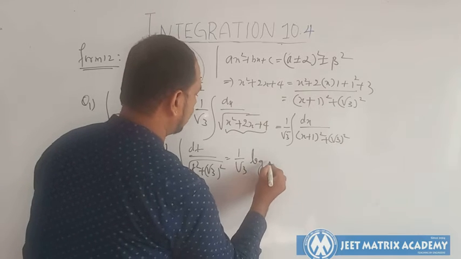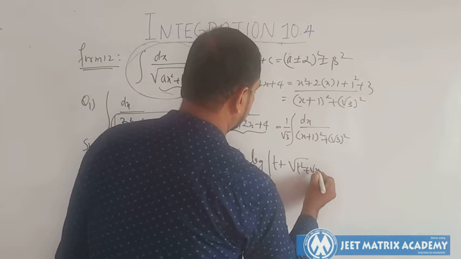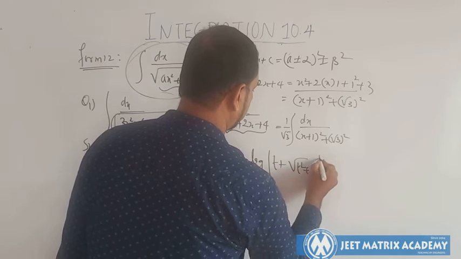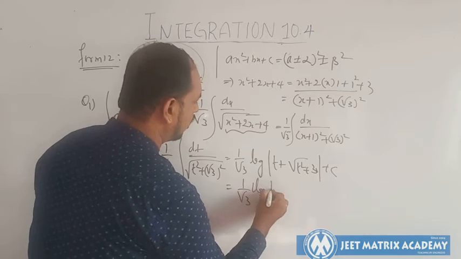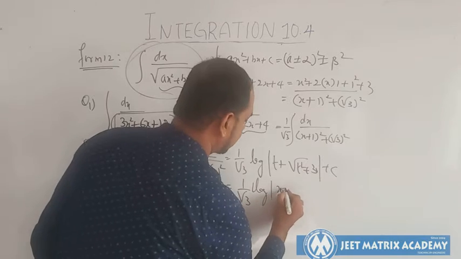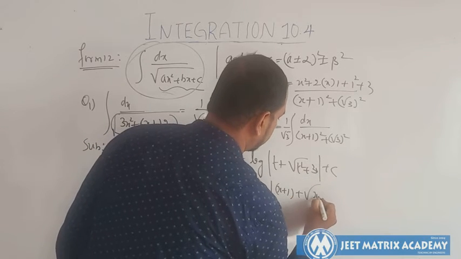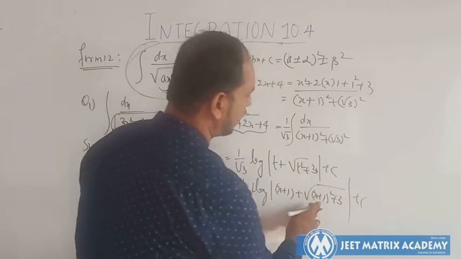So log of modulus of t plus root of t square plus 3, or simply you could say, t is x plus 1, we substituted it. So x plus 1 plus root of x plus 1 whole square plus 3. You can simplify further.